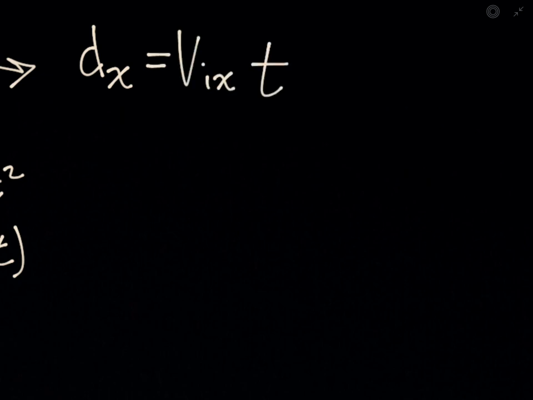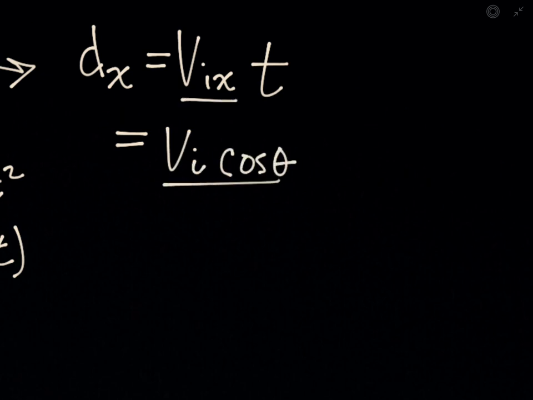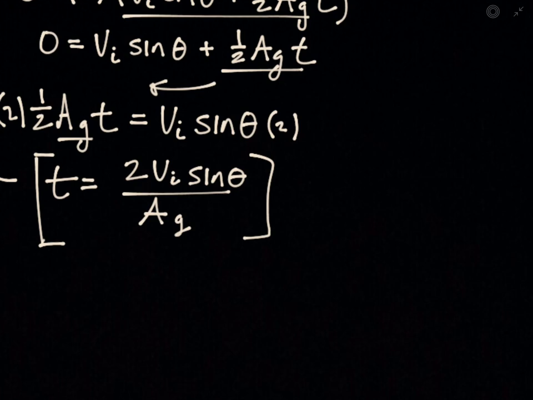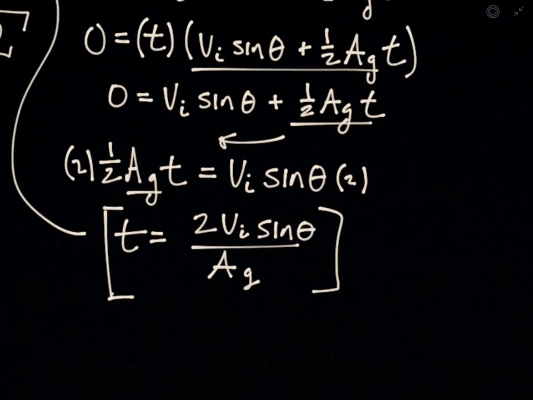Okay, so displacement in the x direction is equal to the initial velocity in the x direction times time. We know that is equal to the initial velocity times the cosine of theta. That was the initial velocity in the x direction. And multiplying by time, if we look down below, if we subtract this 1/2 AT to the other side, we're subtracting, so this should be a negative, which means that this should be a negative.